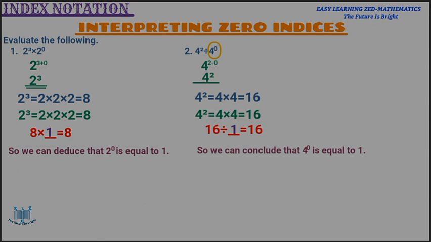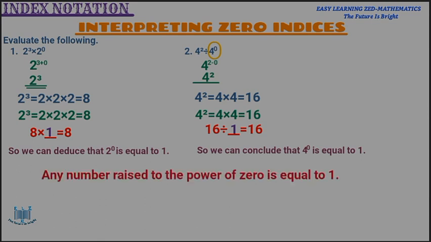So now we can see that when multiplying and when dividing, any number raised to the power of 0 is equal to 1. Therefore, we can say any number raised to the power of 0 is equal to 1.